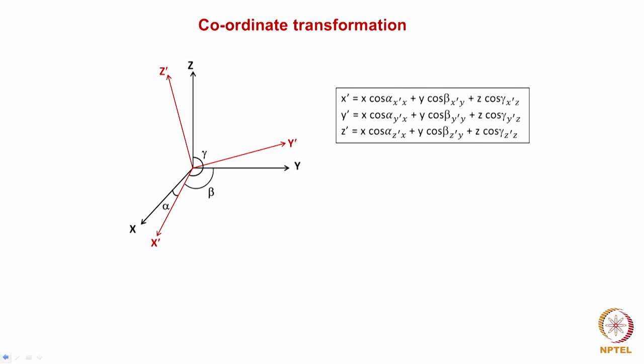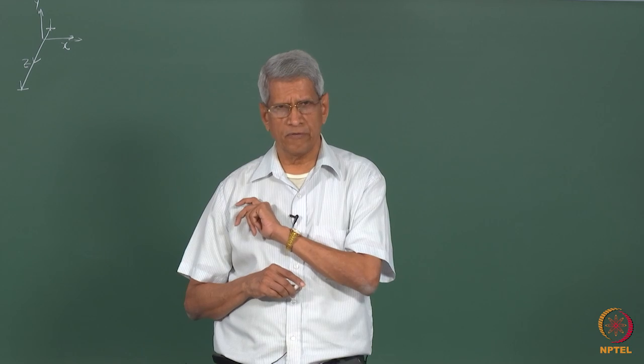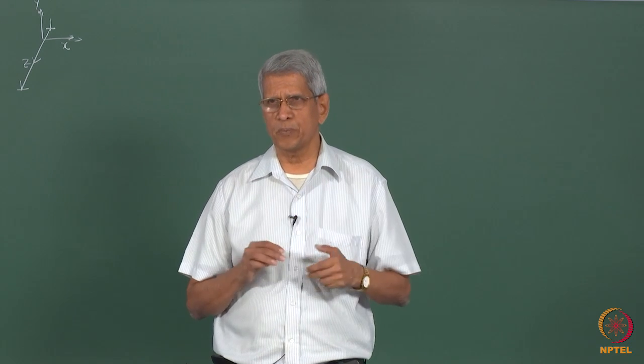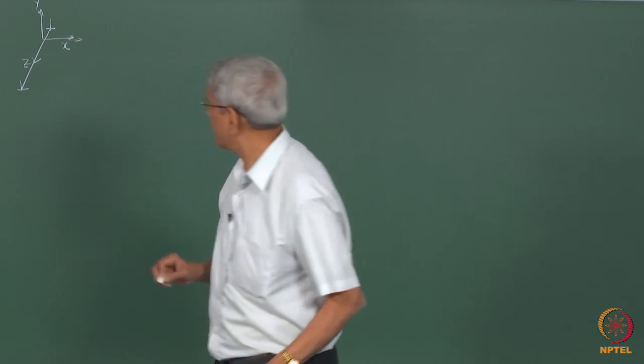When such a rotation has been done, we can make out that x dash, the new coordinate, is rotated with respect to the x coordinate by an angle alpha. It makes an angle beta with respect to the y coordinate of the world system and gamma with respect to the z coordinate of the world system, correct?